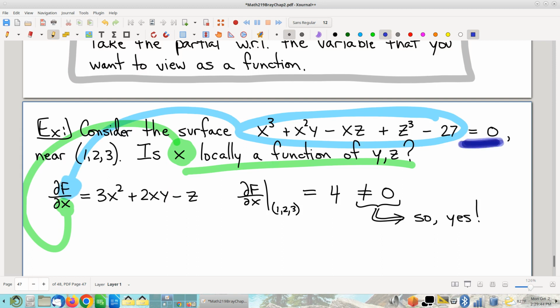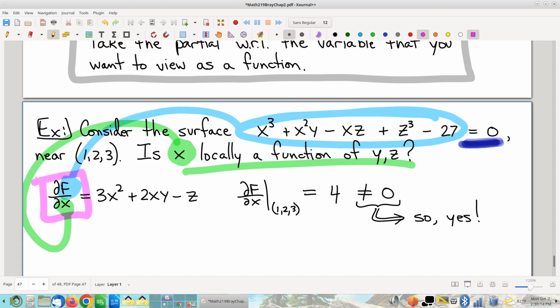Again, the thing that made all this work is that we were looking at a level set specifically of a function called f, and that's the thing whose partial we compute. So this is what decides the question. The partial of the function whose level set I'm looking at with respect to the variable that I want to view as being a function itself.